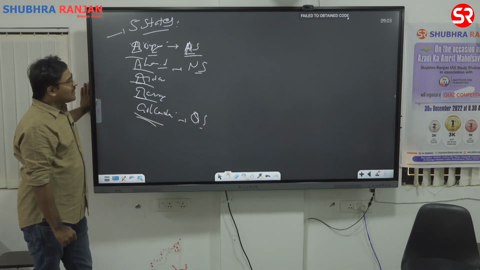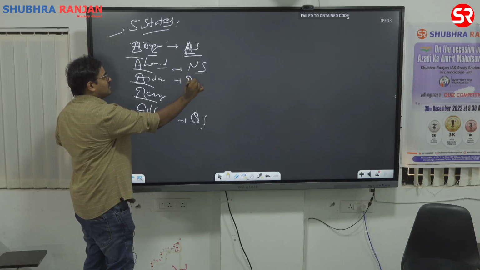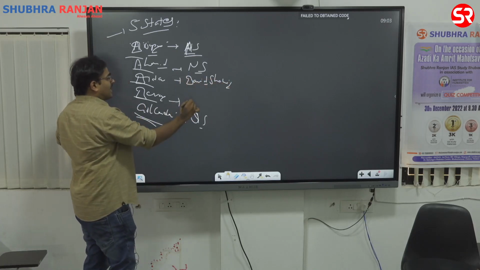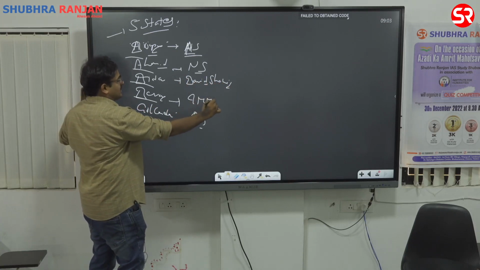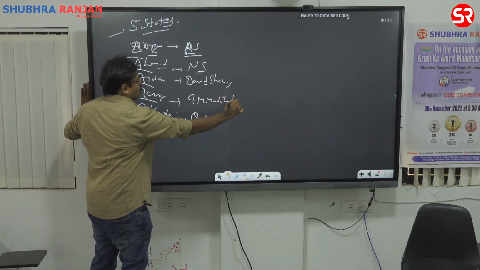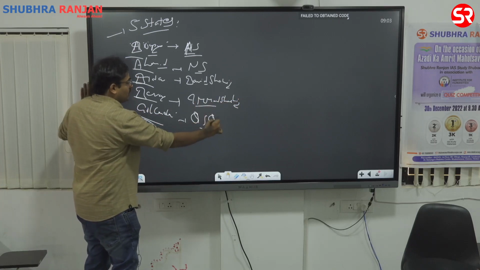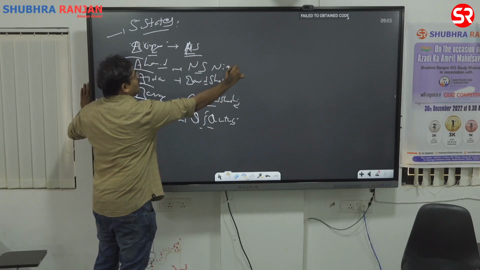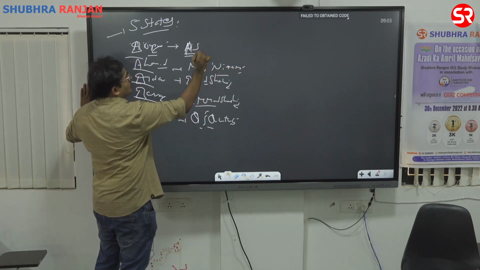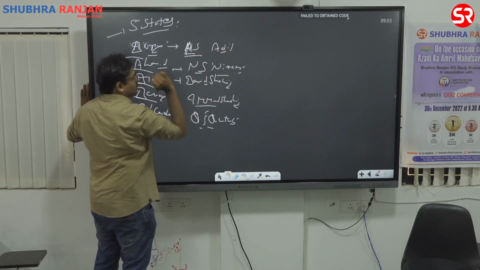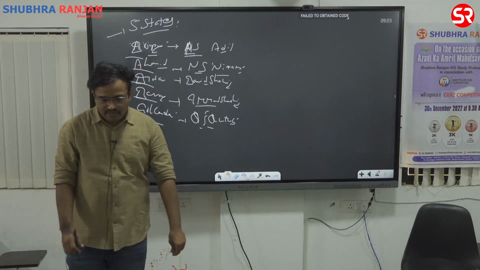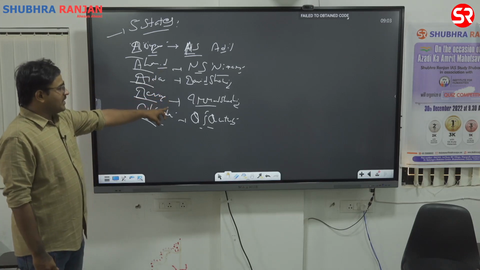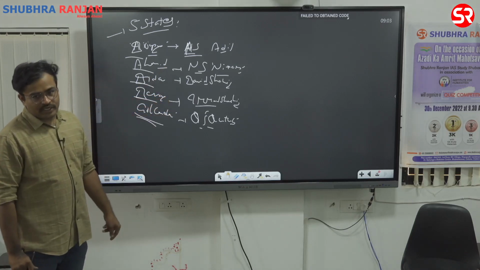Bidar rulers are known as Barid Shahis, and Berar rulers are known as Imad Shahis. These are the 5 ruling dynasties: Adil Shahis, Nizam Shahis, Barid Shahis, Imad Shahis, and Qutub Shahis.